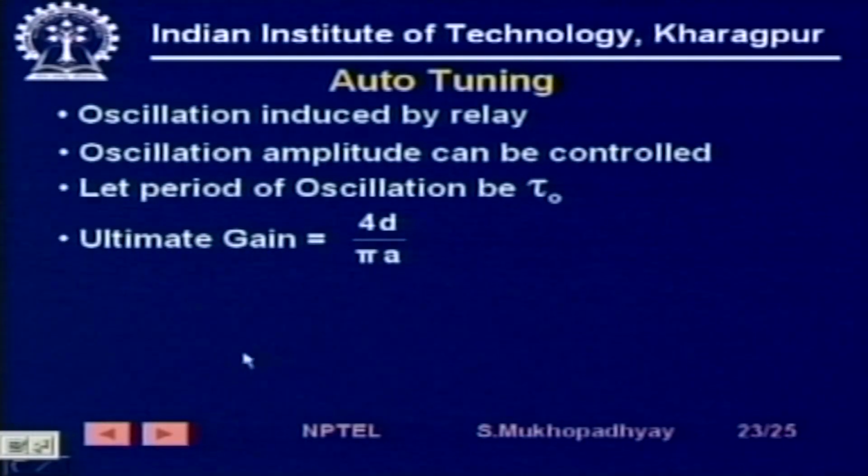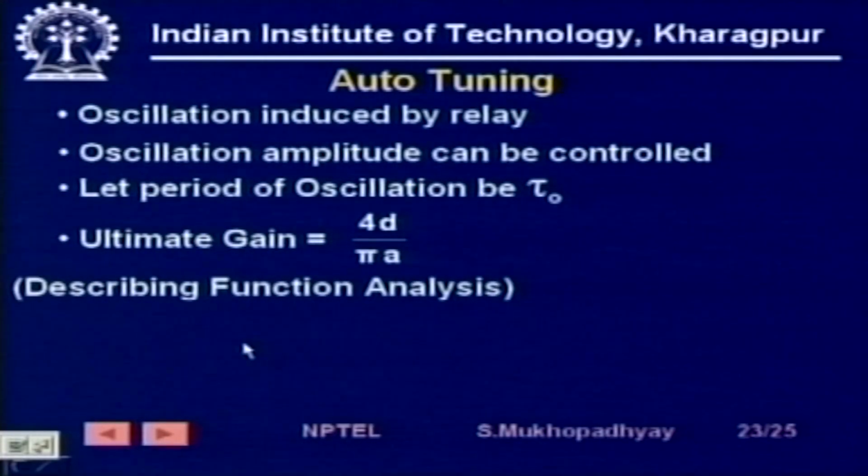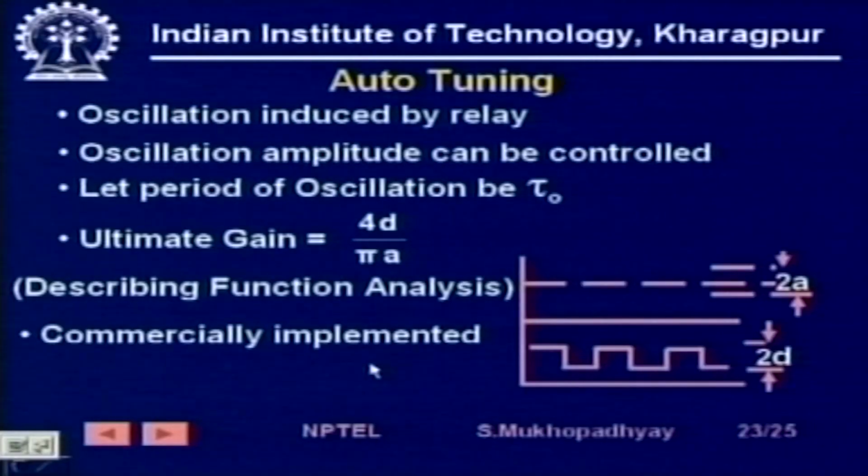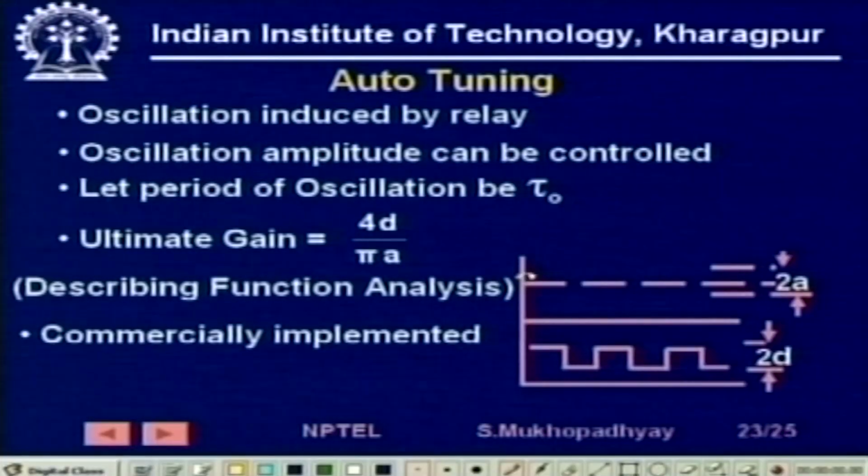It turns out, by an analysis called the describing function analysis in nonlinear control, that if you have an oscillation of this kind in the process, of amplitude A, which can be controlled, and if the relay switchings are of amplitude 2D, then the ultimate gain which you wanted to find, to be able to apply the closed loop tuning formulae, can be given by this formula.